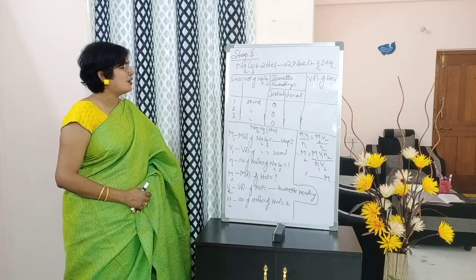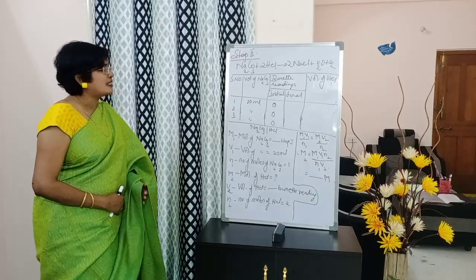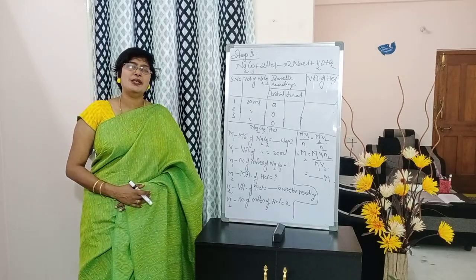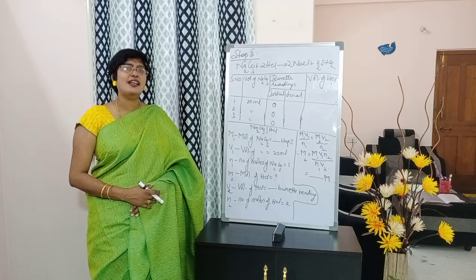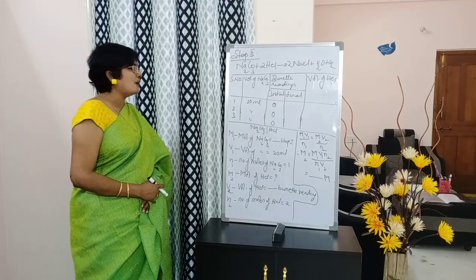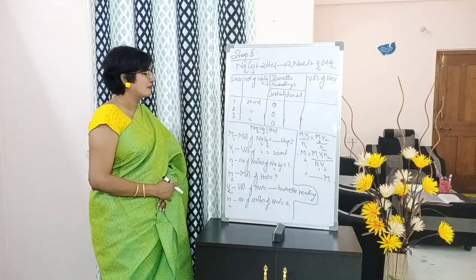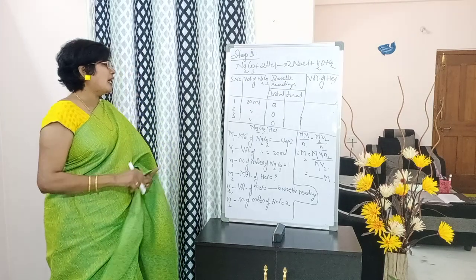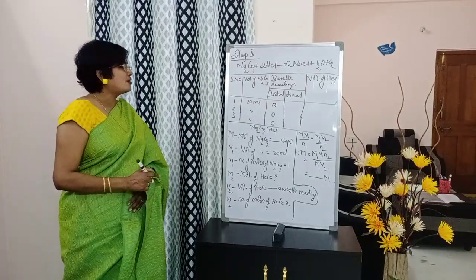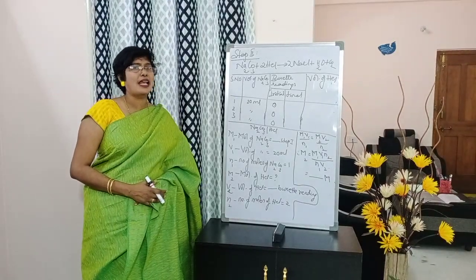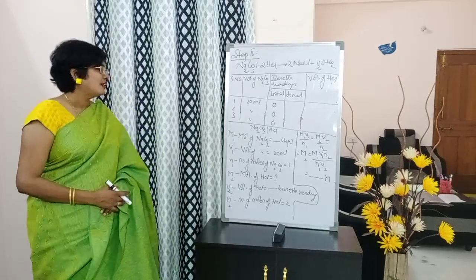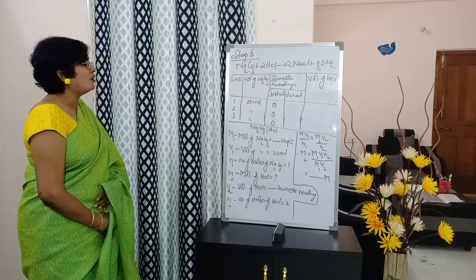Next, below write down Na2CO3 versus HCl. This is the reaction between Na2CO3 and HCl. Below write down, students, M1, molarity of Na2CO3. This will be our step 1 value. Next, V1, volume of Na2CO3.